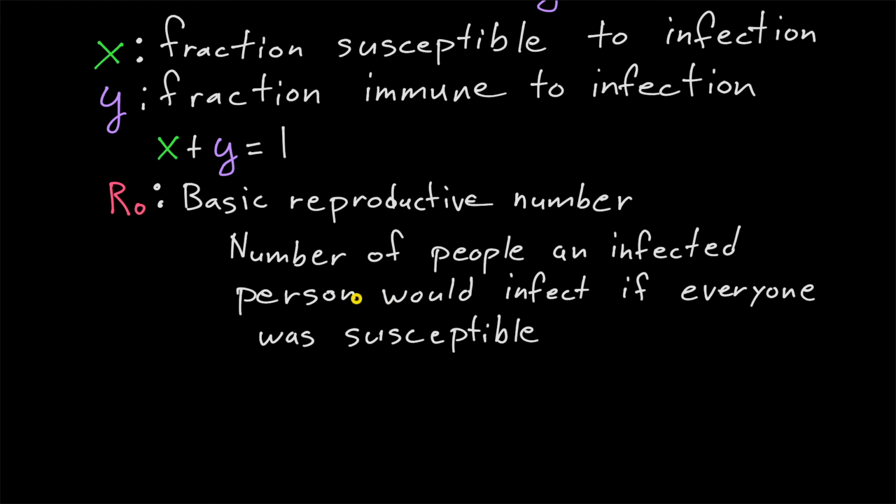Now, obviously, this is an average figure, right? This would be an average for a given population. So think about the beginning of the COVID-19 pandemic. At the beginning of the COVID-19 pandemic, there must have been one person, that first person that was infected with COVID-19, and then that person spread it to the rest of the world. So when that first person was infected, in that population, that person was walking around, basically everybody else except that person was susceptible to being infected with COVID-19, let's just assume that's true.